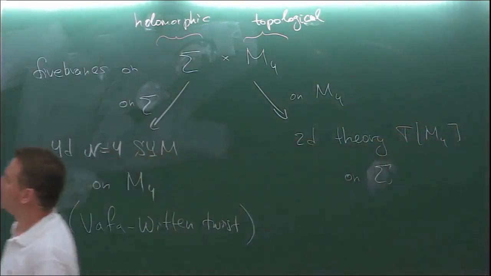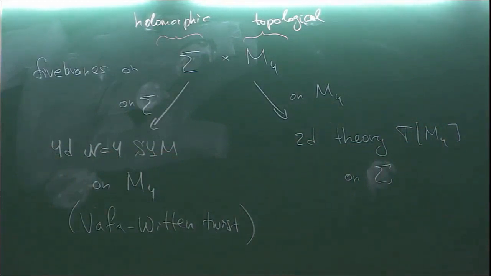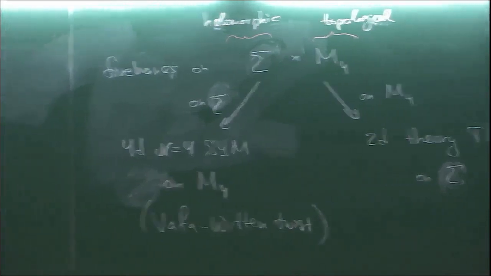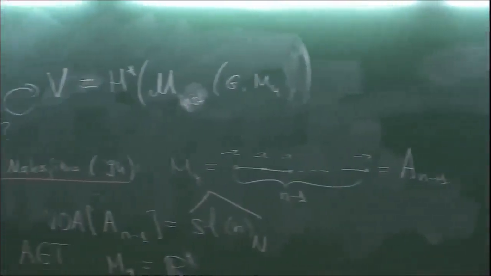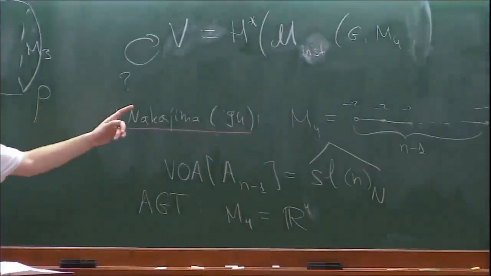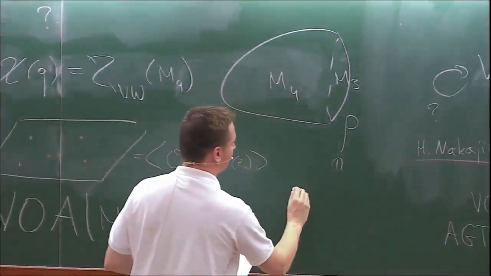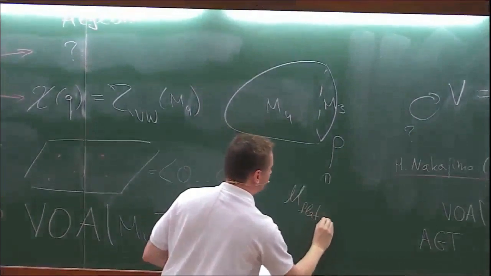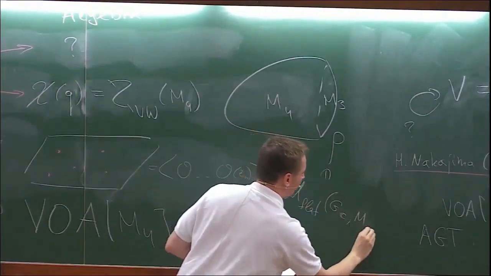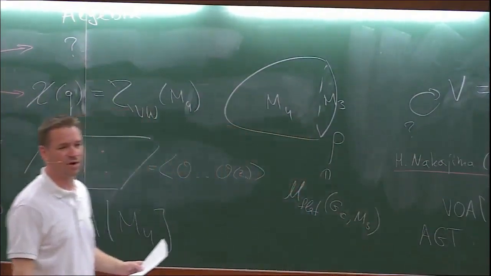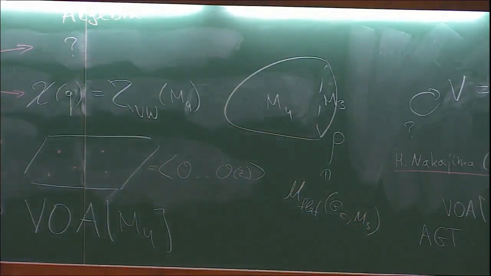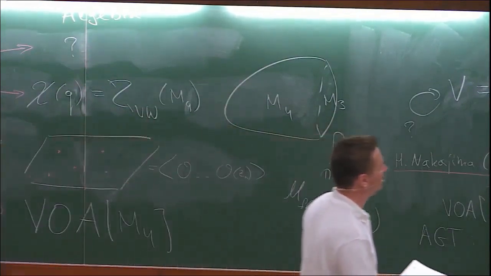And another generalization I can and should probably make immediately is that, like here, I mentioned that in general it's natural to consider 4-manifolds bounded by 3-manifolds, and if so, you should pick some boundary conditions. And the natural choice of boundary conditions for Vafa-Witten theory is precisely a choice of complex flat connection on a 3-manifold M3, and that's where this MTC and our previous discussion will come in very handy.